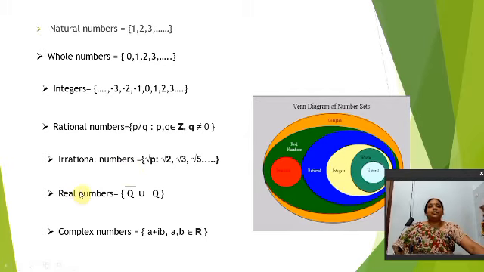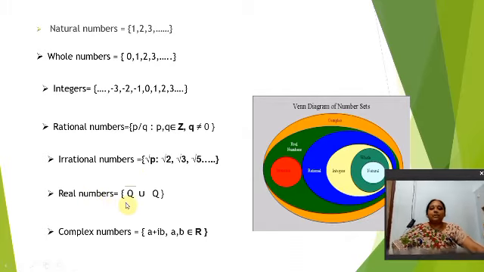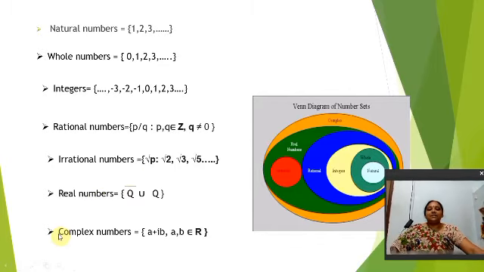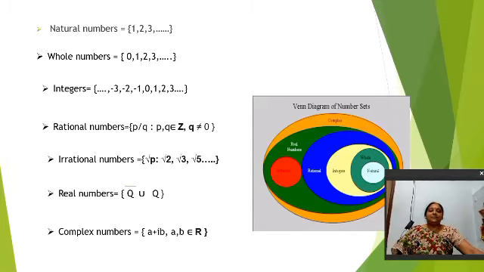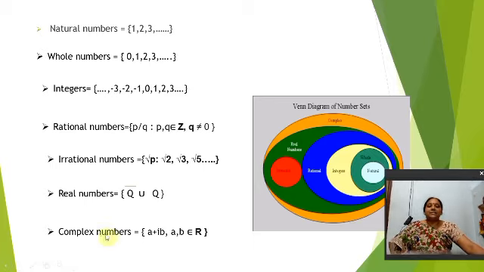Next, real numbers are the combination of both rational and irrational numbers, denoted by capital R. Next, complex numbers are denoted by capital C. It is the combination a plus ib, meaning real and imaginary part, where a is the real part and b is the imaginary part, and a, b both belong to the real number set.